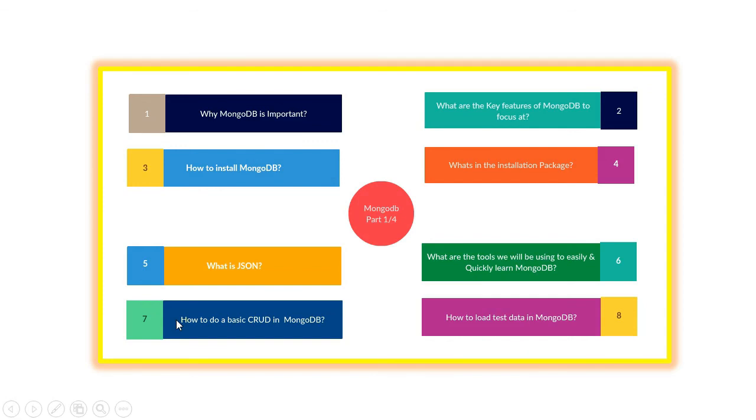We have seen about the basic CRUD operations in MongoDB: how to find document, update document, insert document and delete documents. Then we have seen how to load test data in MongoDB. With this, we have successfully finished stage 1 of our learning. Now let us move to the next one that is going to be very, very interesting.